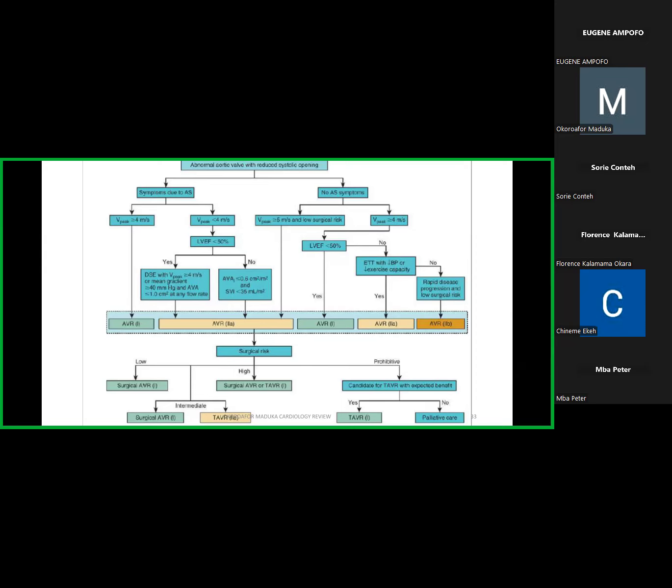If that is true, you go ahead with the transcatheter aortic valve replacement. If the surgical risk is high, you could choose either going ahead with the surgery or doing a transcatheter aortic valve replacement, depending on the presentation of the patient.